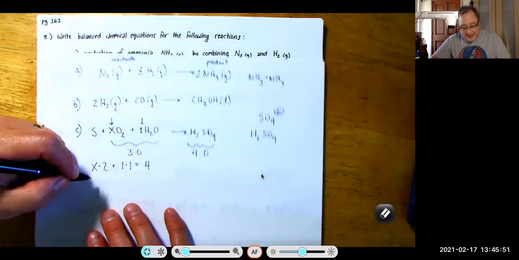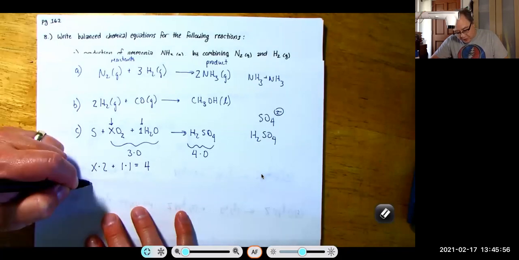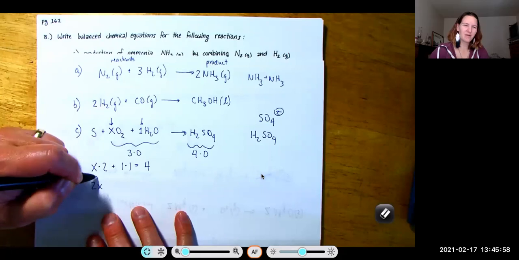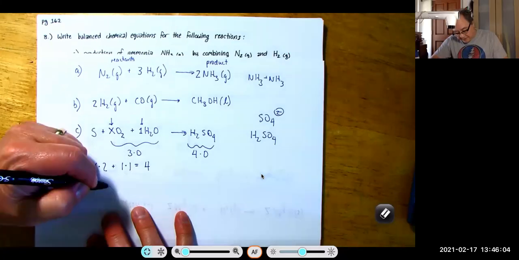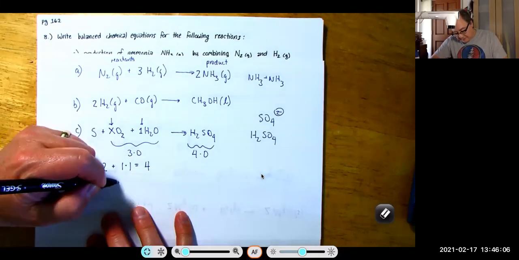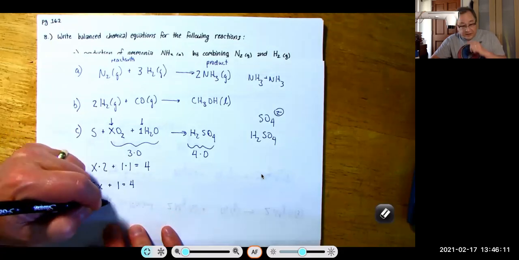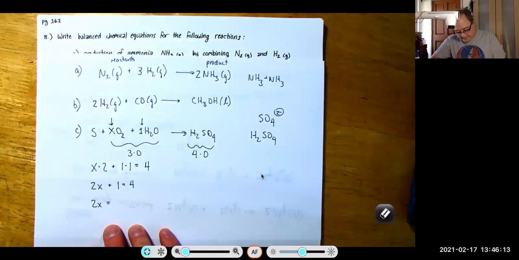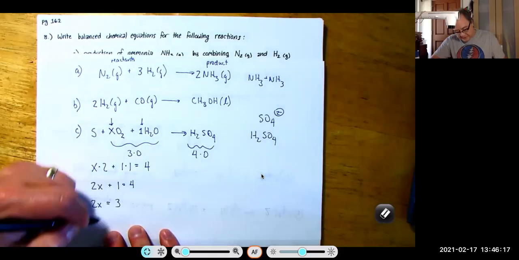You're doing it in your head. Isn't this the same as 2X? Yes. And what's 1 times 1? 1. Now if I take the 1 onto the other side, what does this become? 2X equals 3.